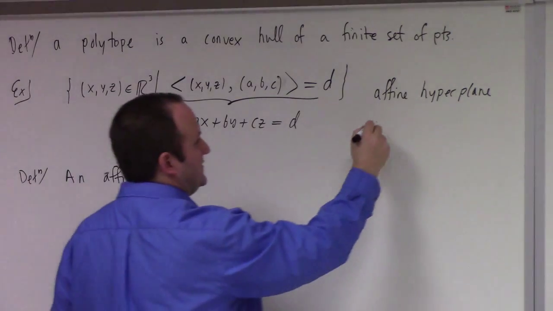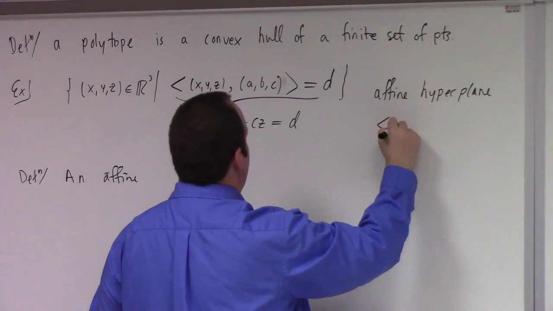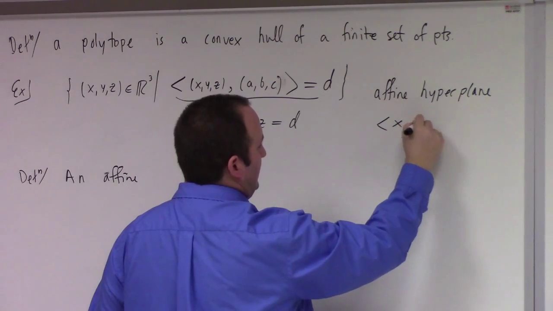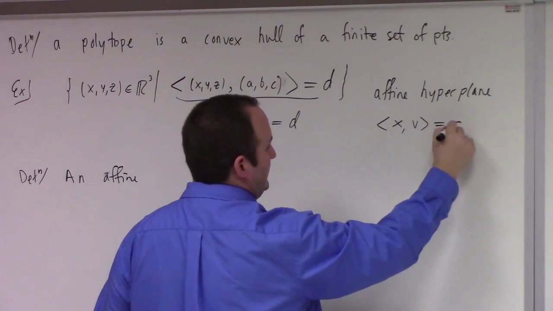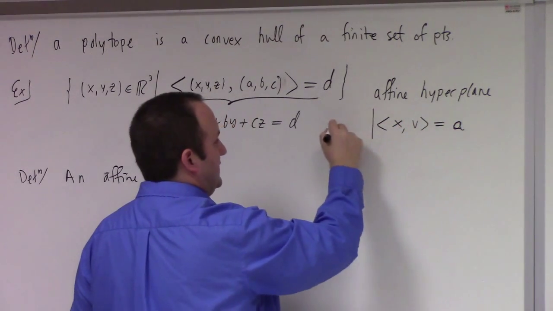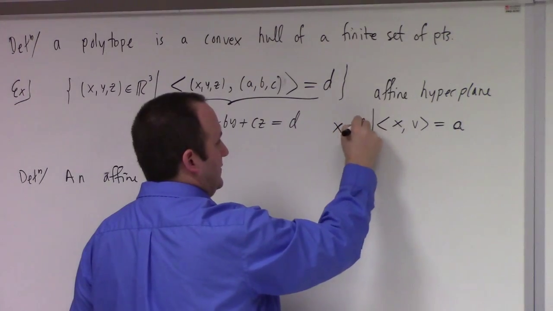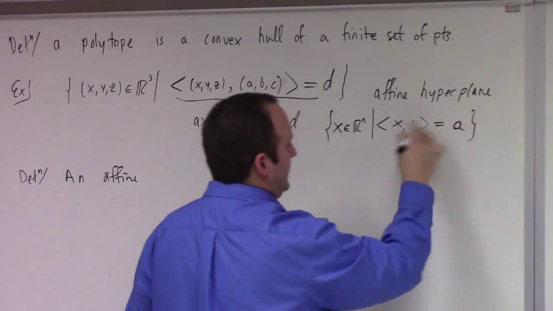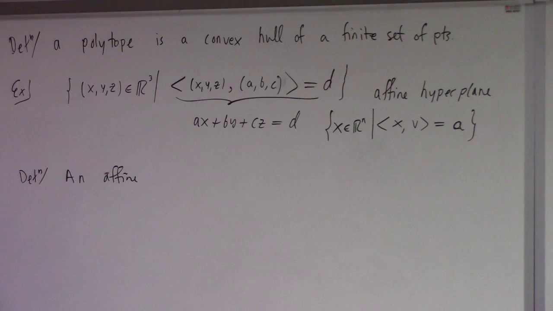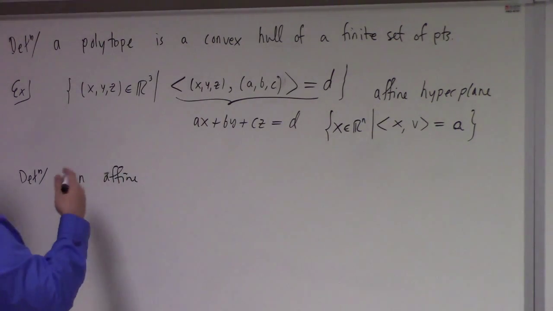If you replace this just with, x comma v equals a, that's his notation, such that x is in Rn, that gives you an affine hyperplane in Rn. And if you look at greater than or equal to a, that would give you a half space. Less than or equal to a gives you the other half space. The two half spaces meet at the plane.